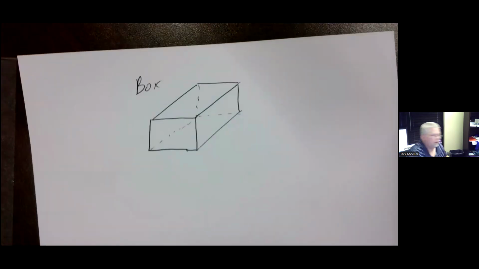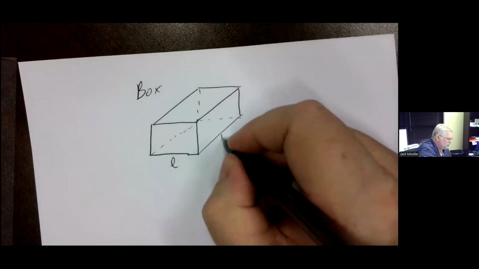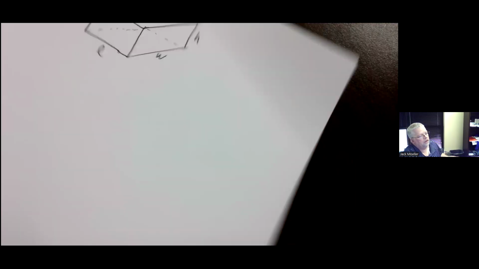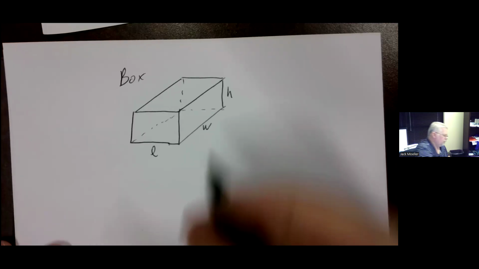For any rectangular box, the length and the width are totally interchangeable. Technically height is the vertical height, but remember, we can rotate this however we want. So on a box, length, width, and height are all interchangeable.